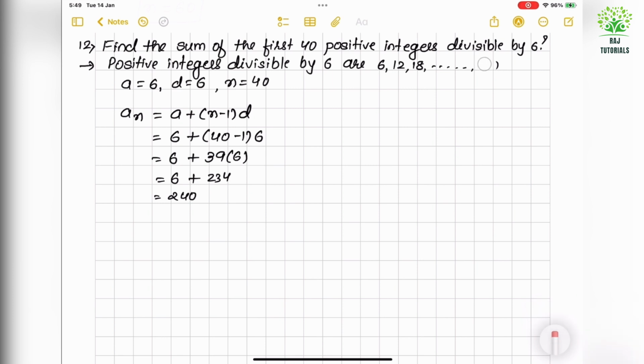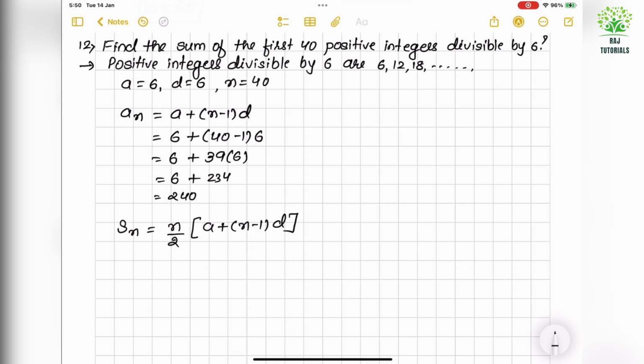Now I am not keeping that because I am asked only 40 terms sum. So Sn equal to, 40th term will be 240. So Sn equal to n upon 2 into (a plus (n minus 1)d). If I want to use the direct method, I can use this one.